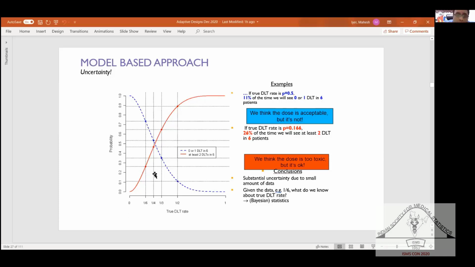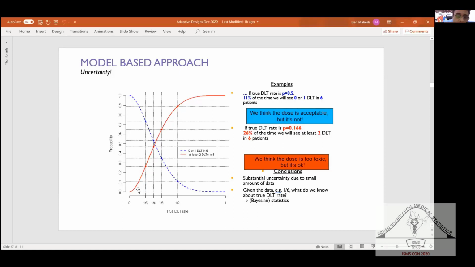And now let's look at the red line. Let us say that your true DLT rate is only 0.166. So it's right here. 0.166, 1 in 6. This is your true DLT rate. But 26% of the time, you will see at least 2 in 6 DLT patients. Which means you will not escalate anymore.